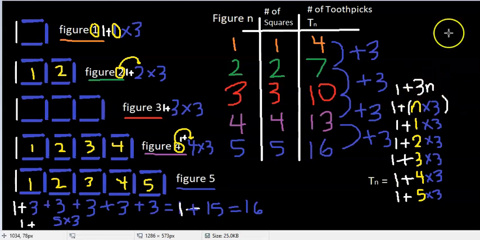So then we can conclude that our formula for any given figure, so for any given squares, is the total toothpicks will be T of n equals 3n plus 1.